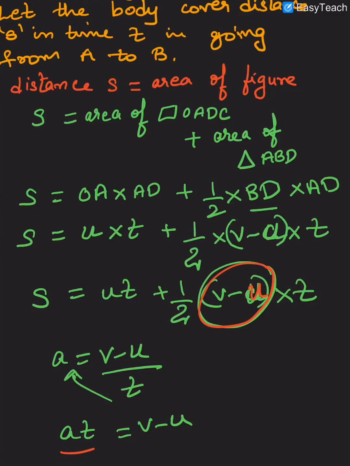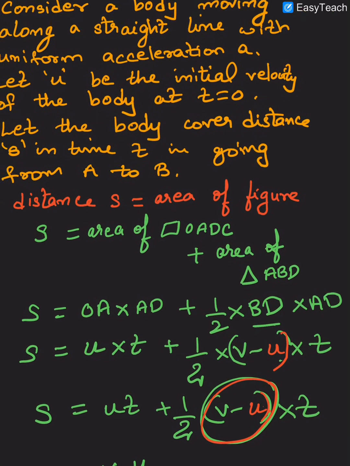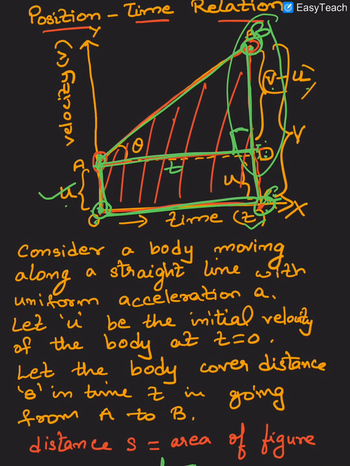So this is our second equation. Remember this point. We only have to remember two points: find the area of the rectangle and the area of the triangle.